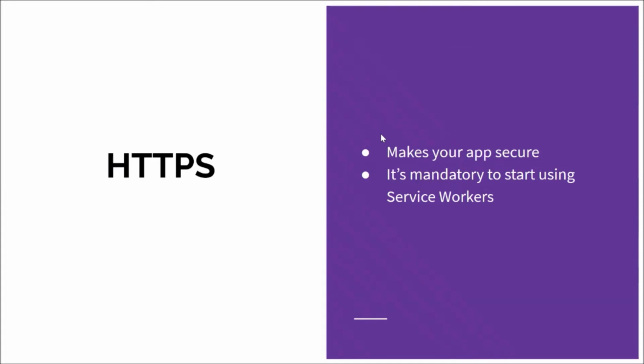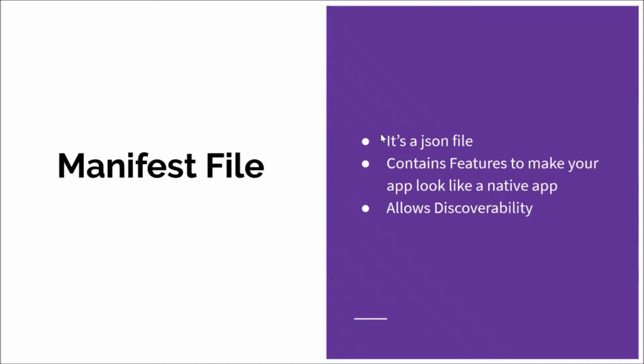And we're going to see what service workers are. If we don't have our website under HTTPS, it's not going to be possible to have a PWA, and it's not going to be possible to actually use a service worker, okay? So we have HTTPS, and then I was talking about the manifest file, right? The manifest file is just a JSON file that we can add.